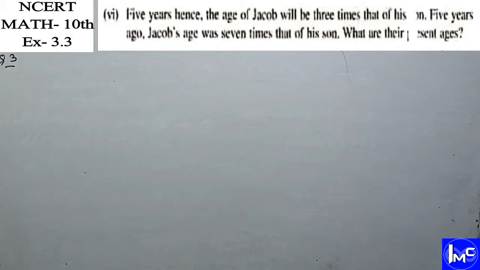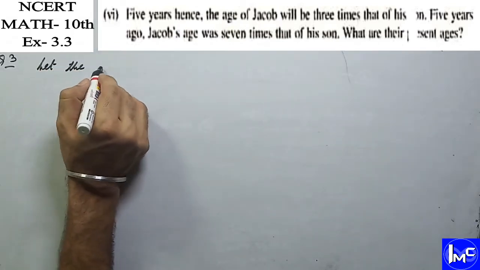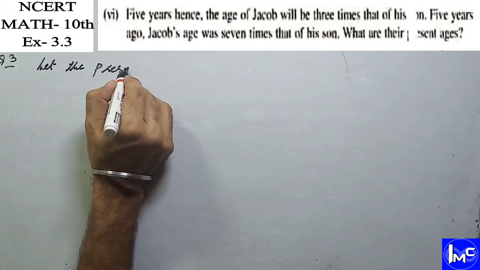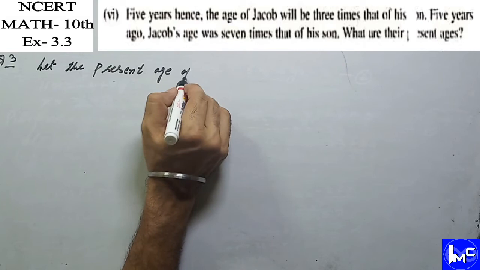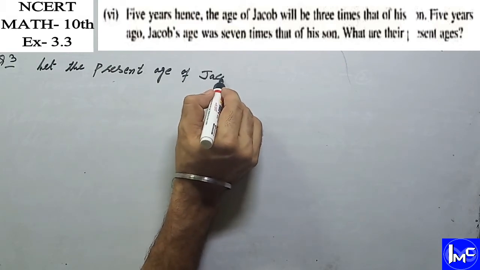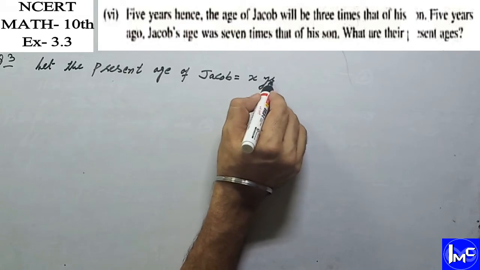We have been asked about the present ages of Jacob and his son, and we will suppose them as x and y. Let the present age of Jacob be equal to x years.